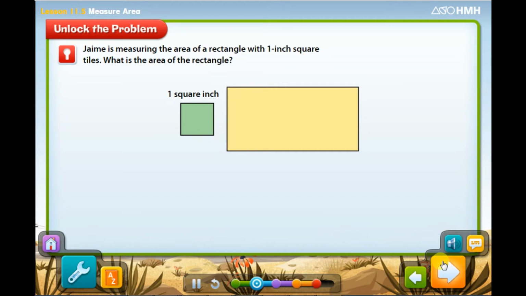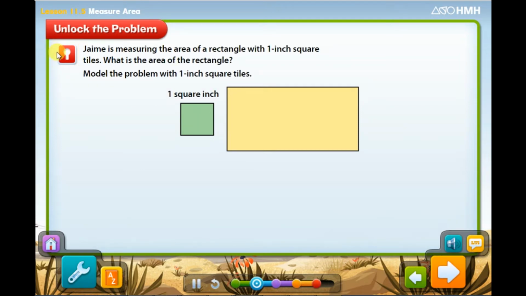Let's unlock the problem. Jaime is measuring the area of a rectangle with 1-inch square tiles. So this is the tile, and I want to measure the area of the rectangle by using these tiles. Let's see how we can divide this rectangle shape into small equal square inch units.